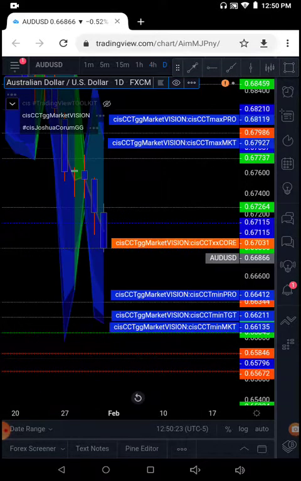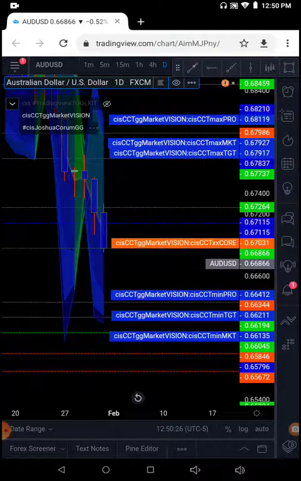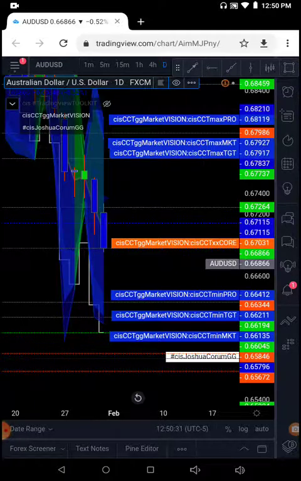All right, market making time frame daily. So when you're looking at the price action that you can see on this chart, you can see how these advanced level signals from the CIS CCT GG market vision end up being the levels where we see a lot of activity.